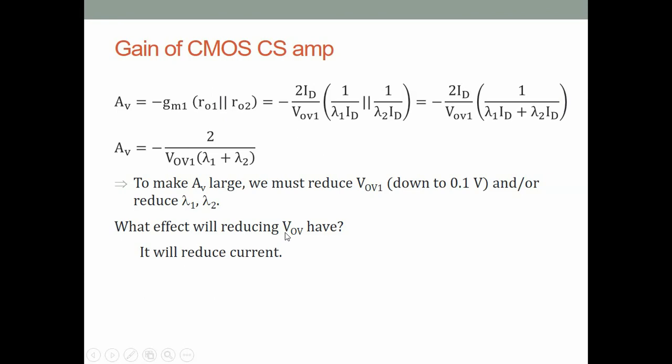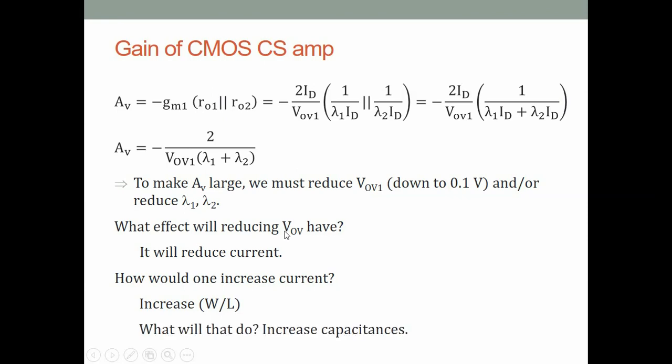How will we make the current larger? We'll increase W by L. So as we reduce VOV, gain increases, current decreases, and we can increase W by L to increase the current. What is the effect of increasing W by L? It increases capacitances, which we'll study after a few lectures.